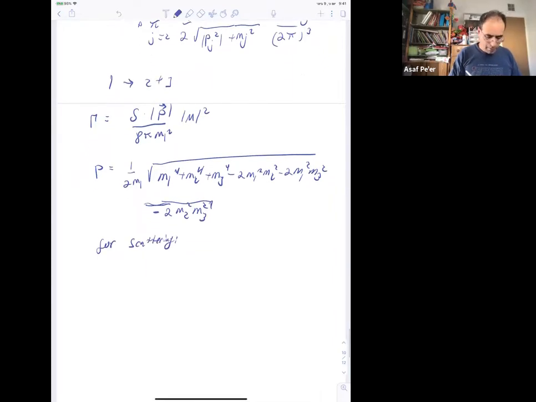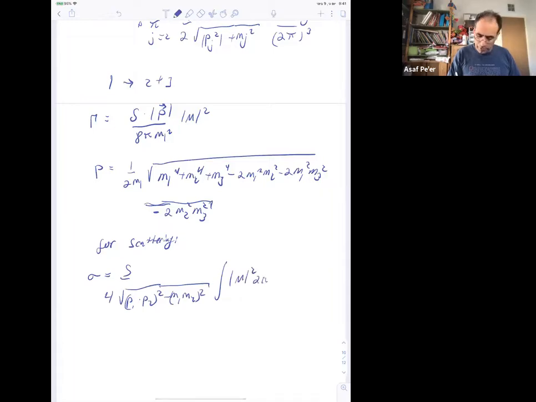Again, sigma is S over 4 square root of (p1·p2)² − m1² m2² integral of |M|² (2π)⁴ δ⁴(p1 + p2 − p3 − ... − pn). So a scattering process 1 plus 2 goes to 3 plus 4 plus ... n.